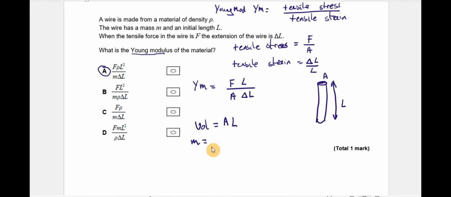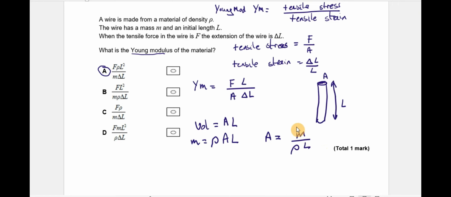So the mass of that wire is ρAL. I can rearrange this equation to make A the subject. So the cross-sectional area is given by the mass over the density and the length of the wire.